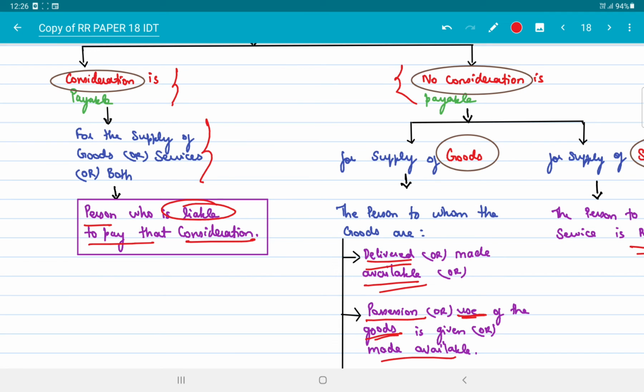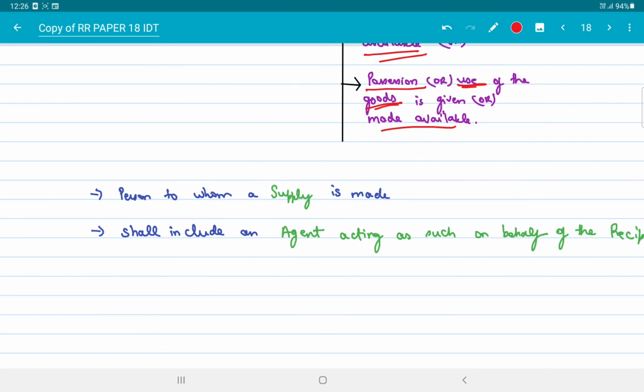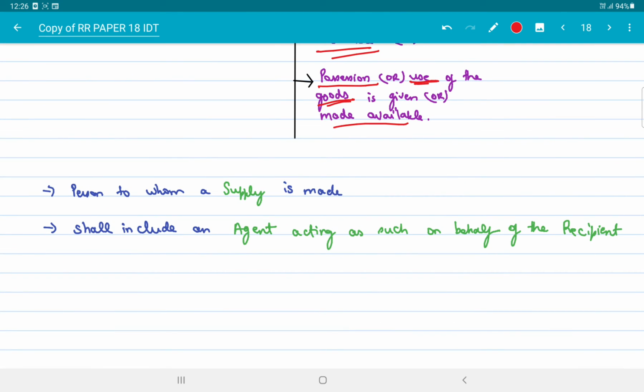Okay, and here also the agent, if there is somebody who is acting on behalf of the recipient, will also be included.